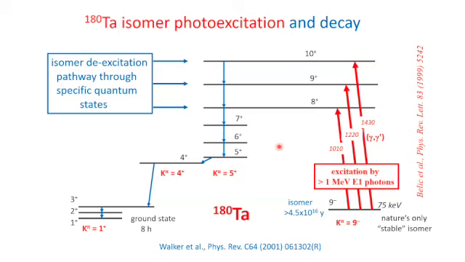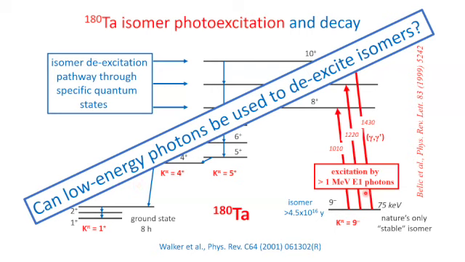But on trying to extract energy out of isomers by photon manipulation, it doesn't look too good really, because you're using 1 MeV and you get out just a little bit. So it shows the principle that it does work, but can low energy photons be used to de-excite isomers?